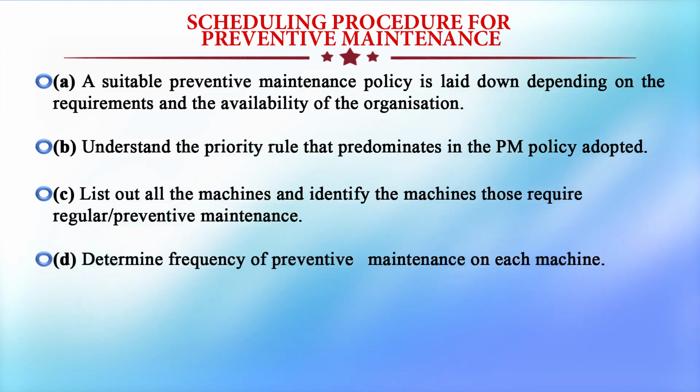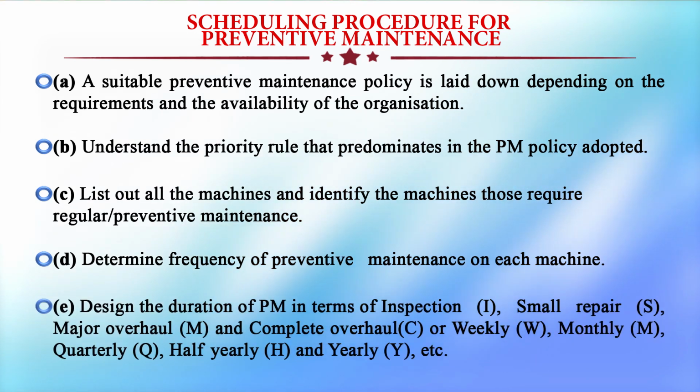Determine the frequency of preventive maintenance on each machine. Design the duration of preventive maintenance in terms of inspection, small repairs, major overhauls and complete overhauls, or weekly, monthly, quarterly, half yearly and yearly, etc. So, design the duration of preventive maintenance.